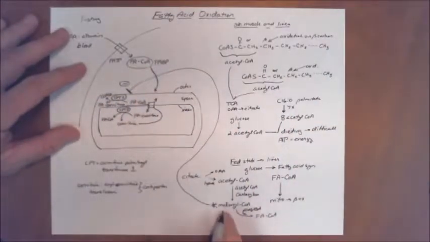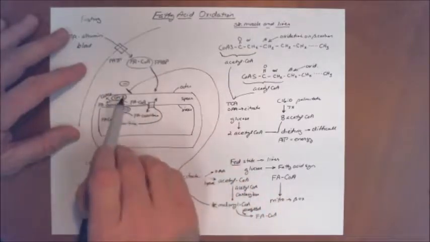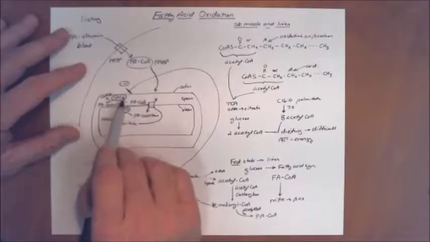So elevated concentrations of malonyl-CoA, which are required for fatty acid synthesis, are a substrate for making the fatty acid, but also an inhibitor of CPT1.